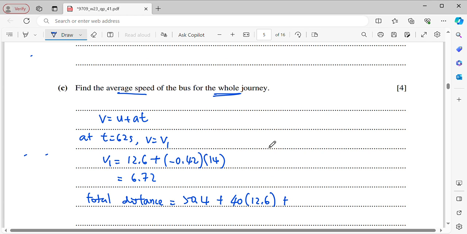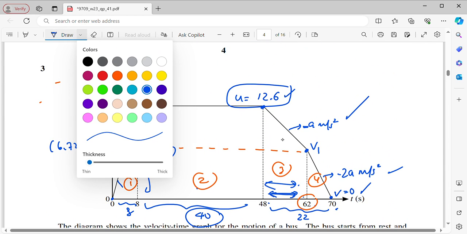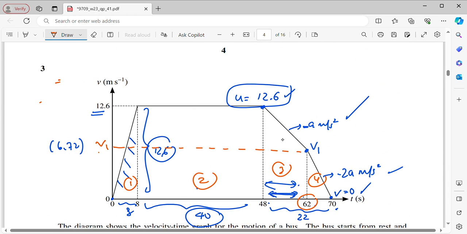And then the next one is going to be a trapezium. For information, the area of the trapezium, let's say this is A, this is B, this is C. So the area is half of the sum of the parallel sides, A plus B, and then the height.